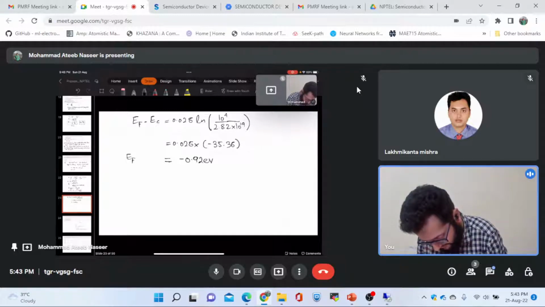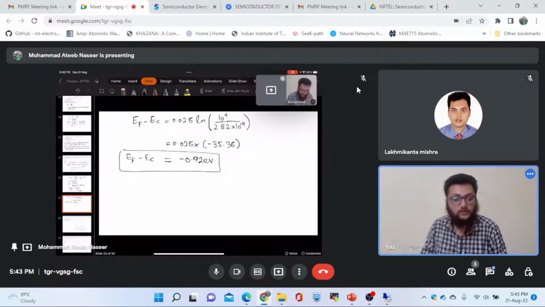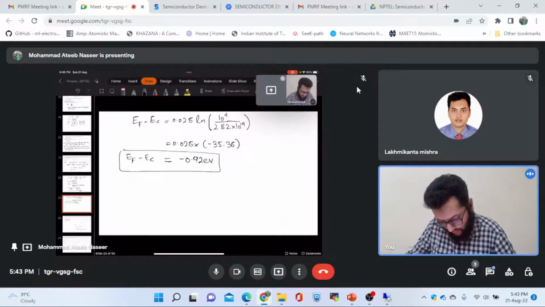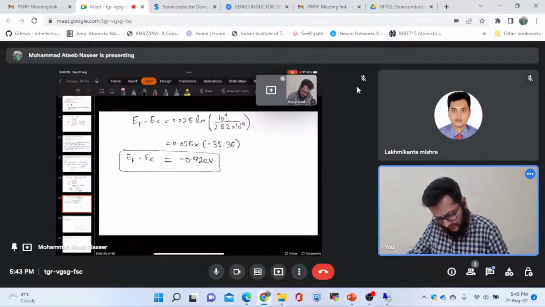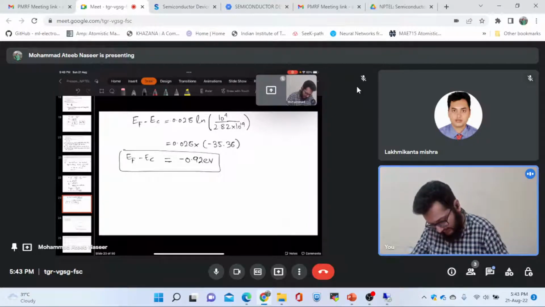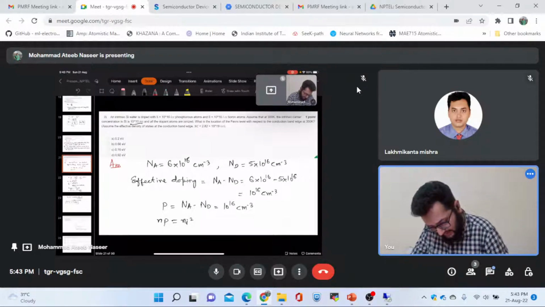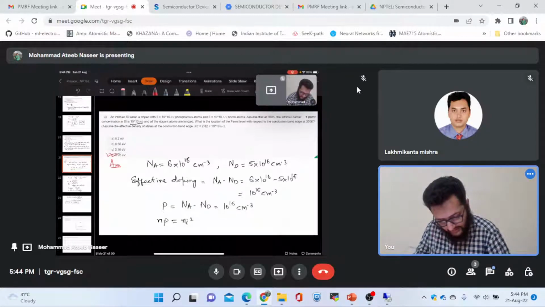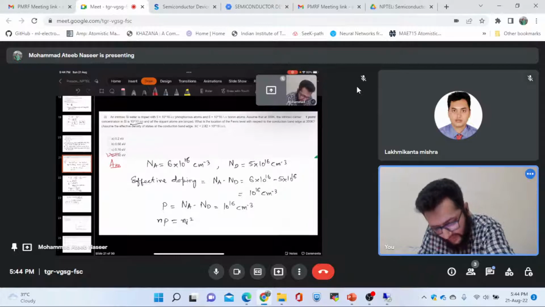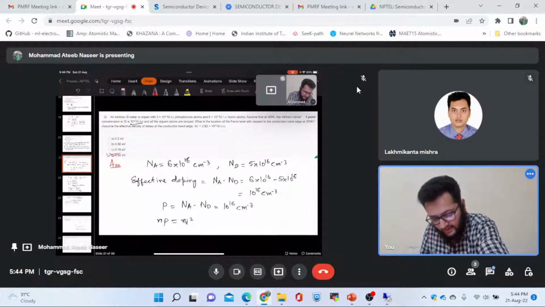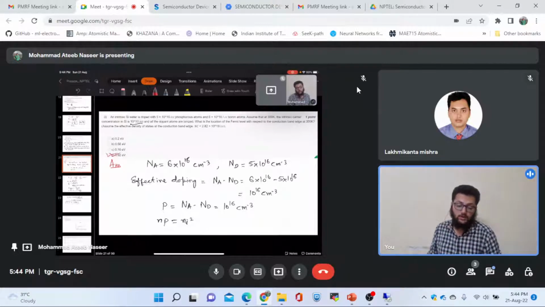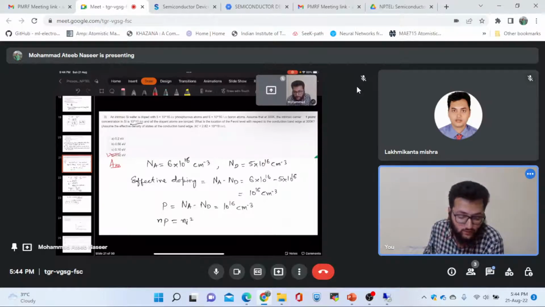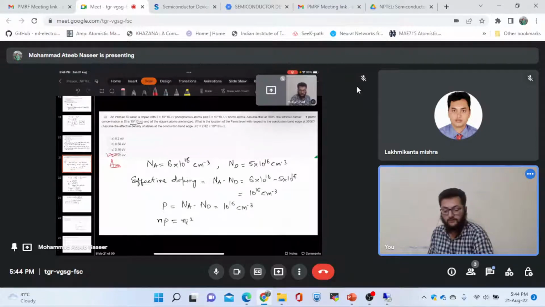So we have found this difference to be equal to minus 0.92 electron volts. And now let us see which option it is. Clearly it is option D. It states that the Fermi level is 0.92 electron volts below the conduction band edge.